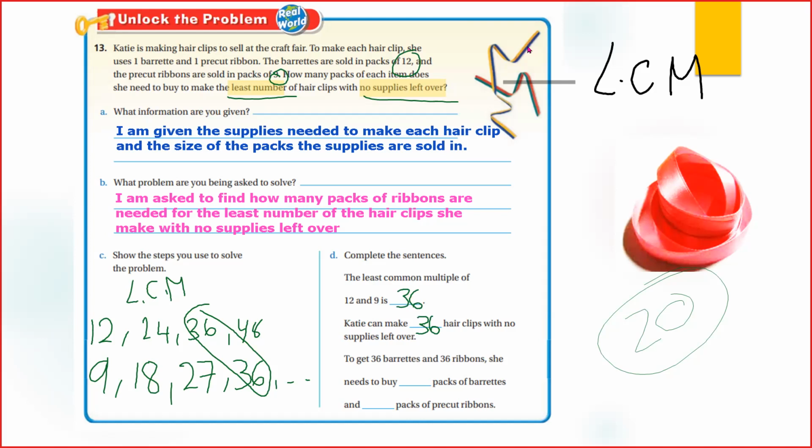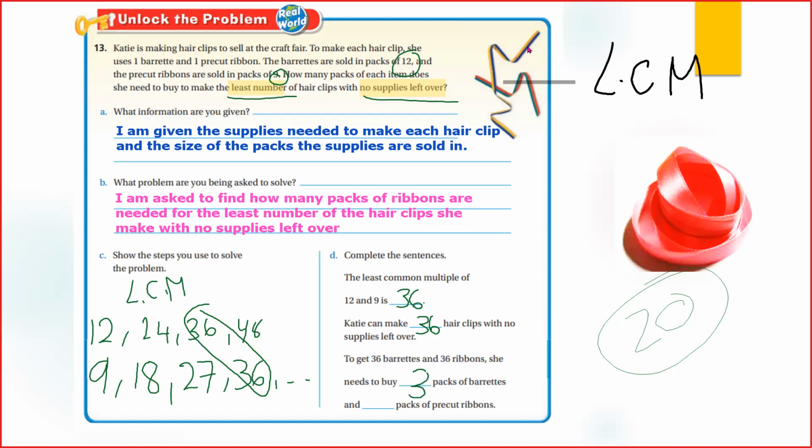So in order to get 36 barrettes and 36 ribbons, how many packs of barrettes do you need to buy? 3.